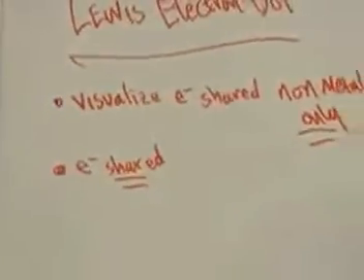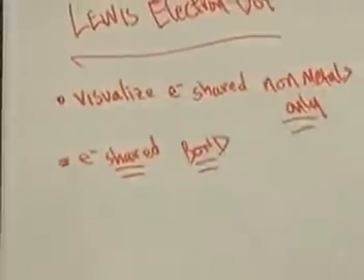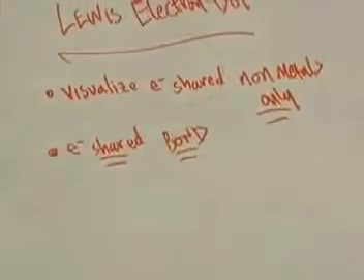Nonmetals only. These are covalently bonded compounds, and so they are shared electrons. Electrons that are shared, and they're shared in the form of something called a bond. And we want to represent these bonds in a way so we can visualize these shared electrons and show how they stick together.